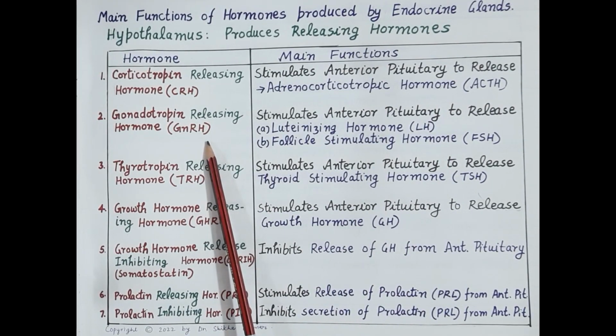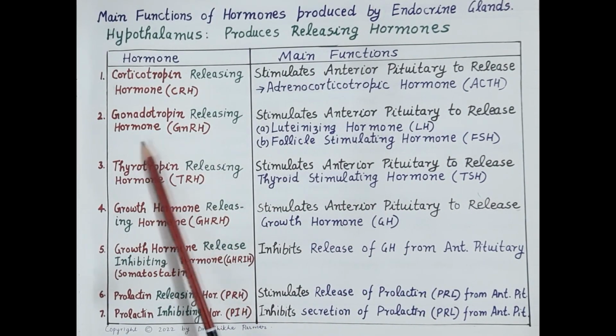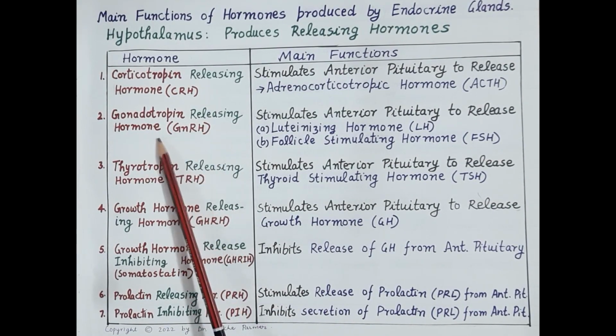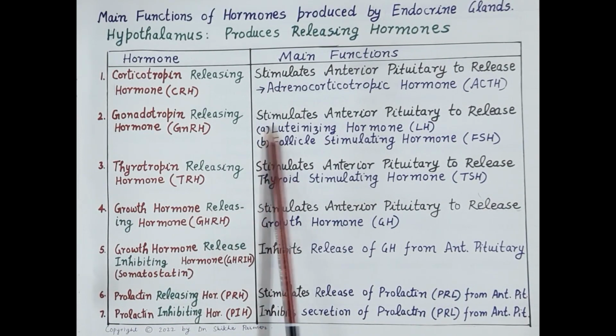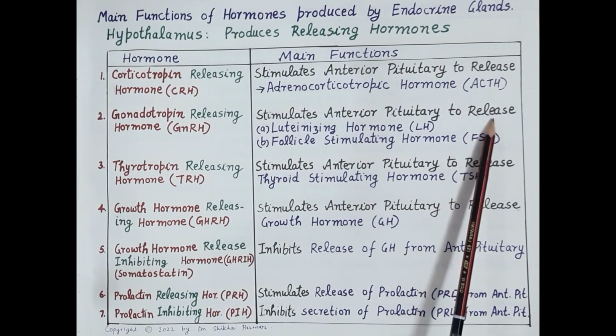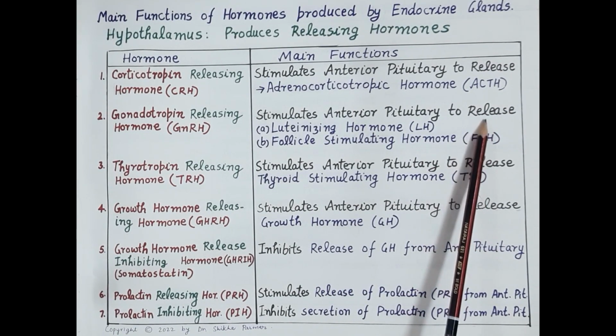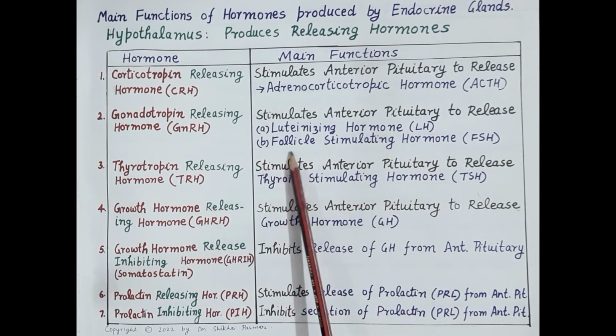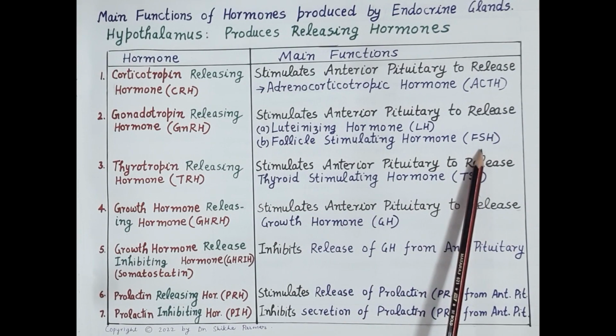Next hormone produced by hypothalamus is the gonadotropin releasing hormone. In short, GnRH. Now, gonadotropin releasing hormone, as the name itself suggests, stimulates anterior pituitary to release gonadotropins. Now, these gonadotropins are two hormones, namely luteinizing hormone LH and follicle stimulating hormone, that is FSH.